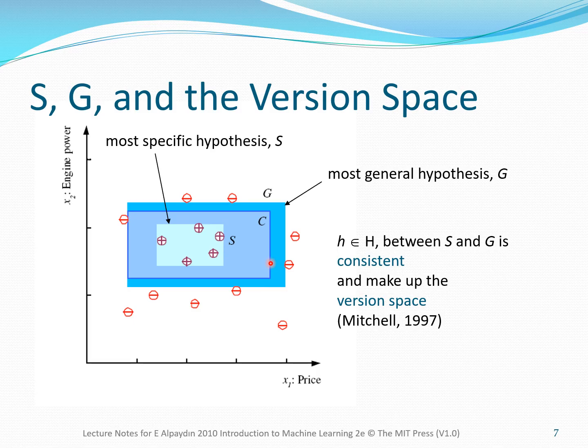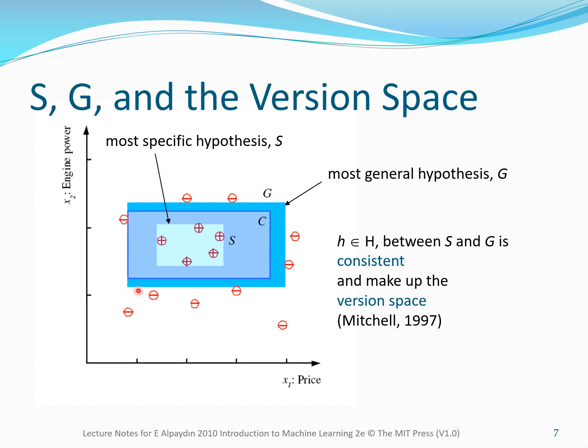Now, the most general hypothesis G is the largest rectangle we could draw that includes all the positive examples and none of the negative examples, as seen in this graph. You can see this is the border area of C and it has no negative samples here.